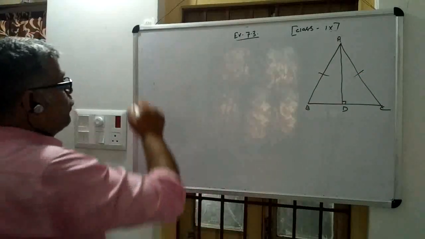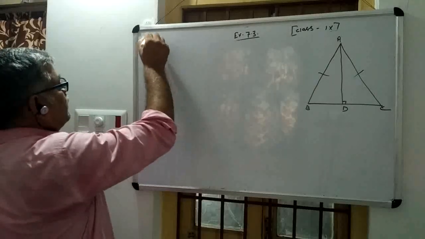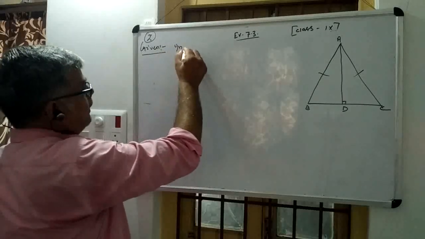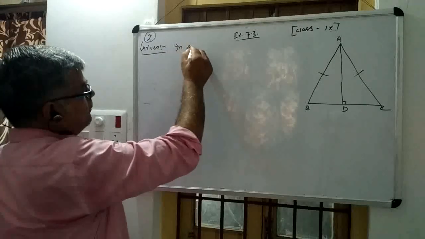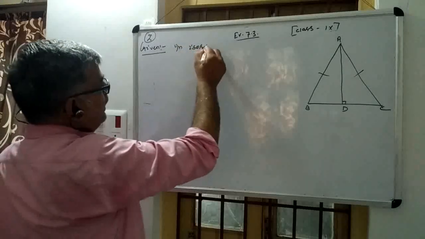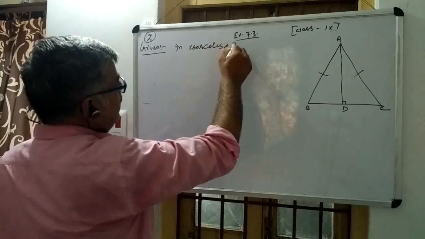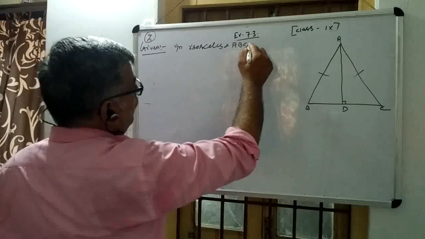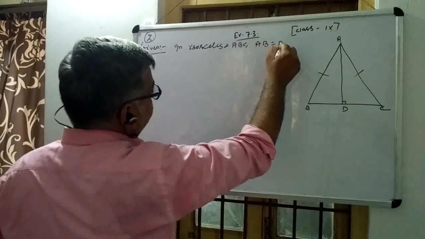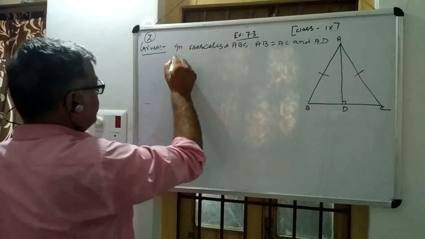Now we need to show, first you write given. This is your question number 2. Write: in isosceles triangle ABC, AB equals AC and AD is the altitude.